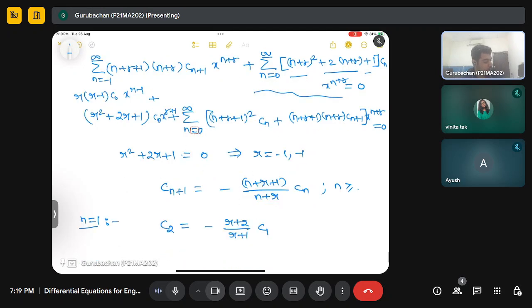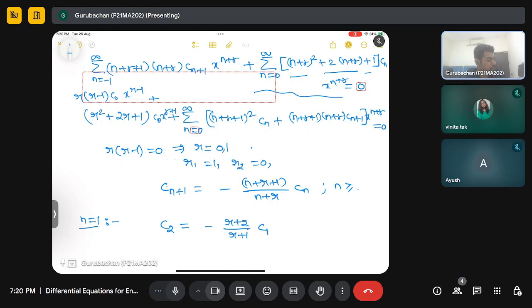So this lowest degree term implies the case that you have two different roots, but their difference is an integer. So r must be 0 and 1. The indicial equation comes out to be r is 0 and 1. From here you will take r1 as 1, r2 as 0.